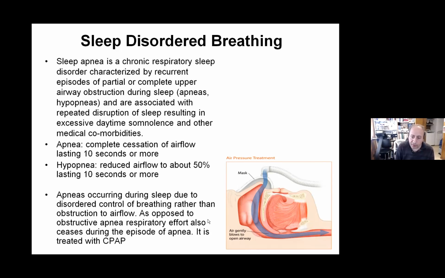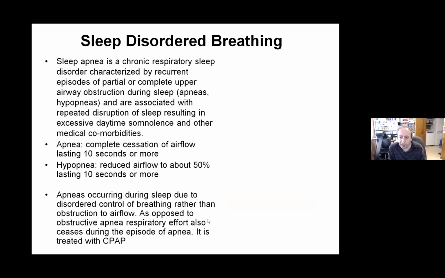It tries to remove the obstruction and push more air into the lung so that the lung will not collapse. It's just a small increase in pressure to help with breathing, and this prevents apnea.